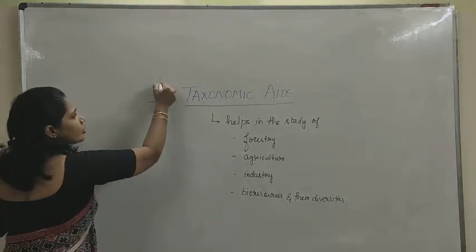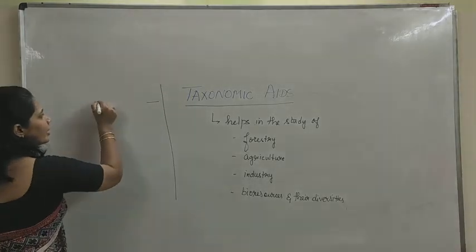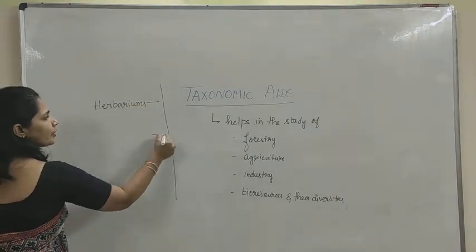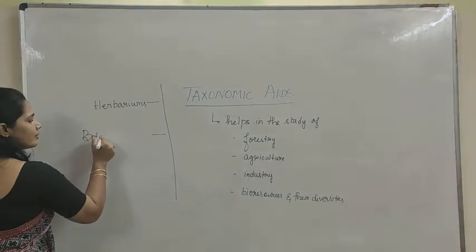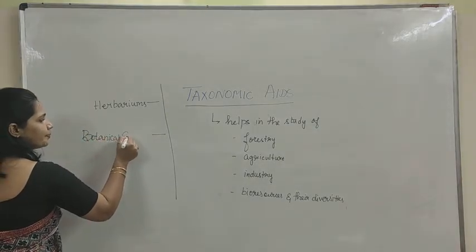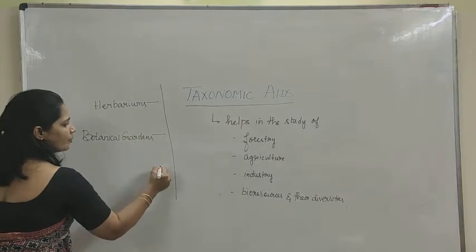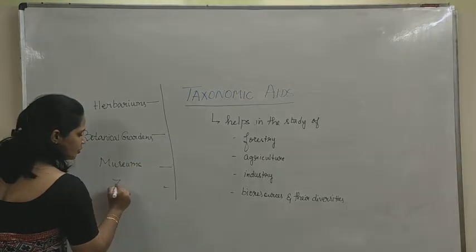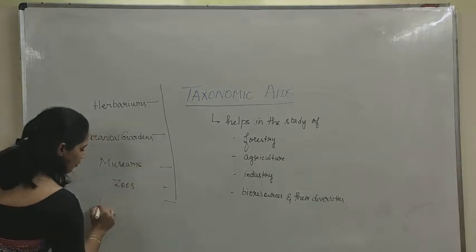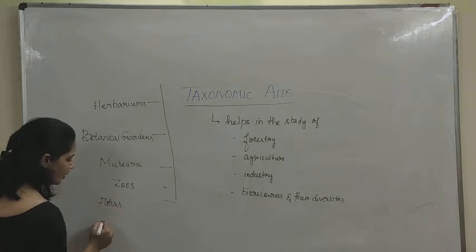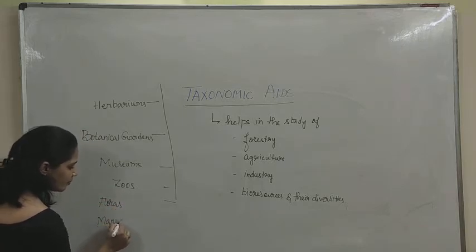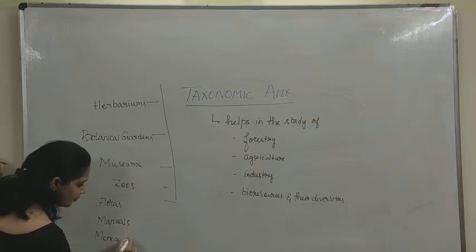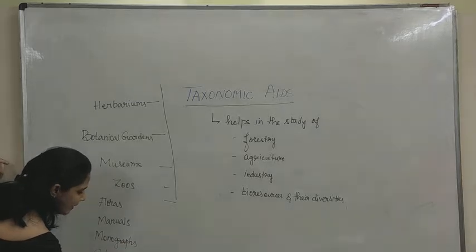So the different taxonomic aids are herbariums, botanical gardens, museums, zoos, floras, manuals, monographs, finally catalogs.